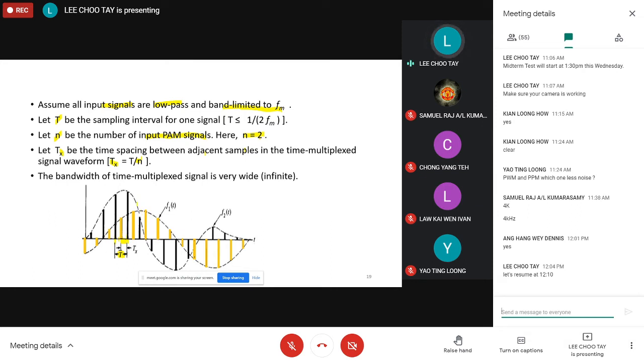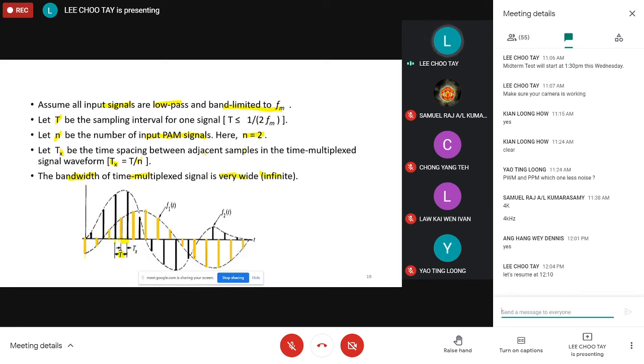And of course, you can see that the sampled signals, the PAM signals, are rectangular in shape. Furthermore, we multiplex them, meaning we have more pulses now. So the bandwidth of a time division multiplexed signal is very wide, and it can go to infinity. Why infinity?